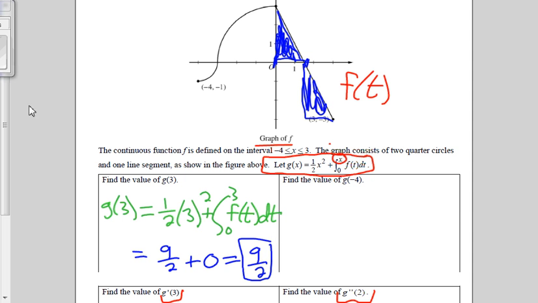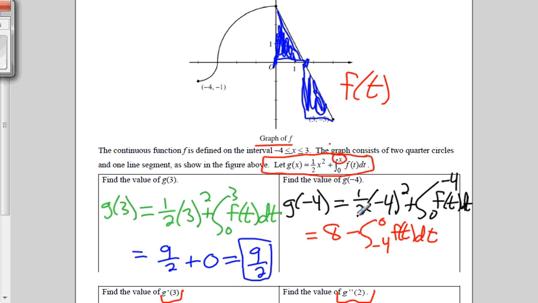So the same thing for the second one. Every place I see x, I put in -4. -4 squared is 16 times half, which is 8. The problem I run into here is that it goes from 0 to -4, so I have to make it the opposite and then change my intervals because I'm taking the opposite. So from -4 to 0, and I have a couple of quarter circles here.